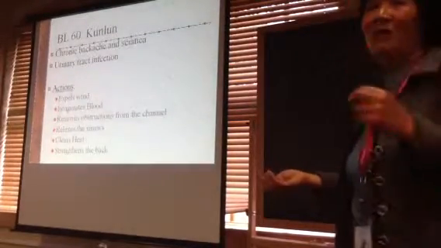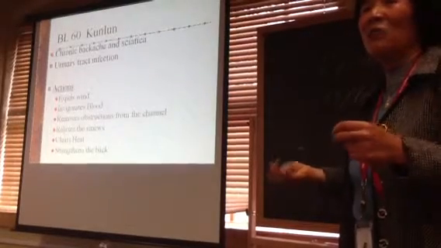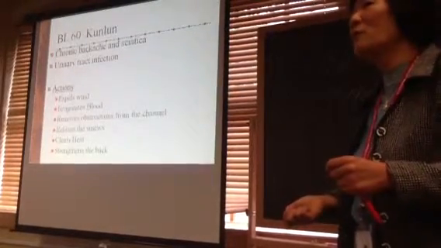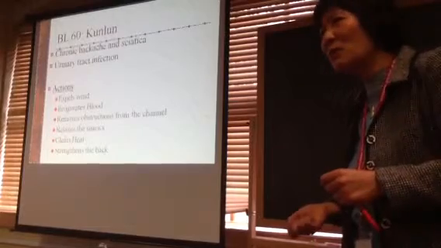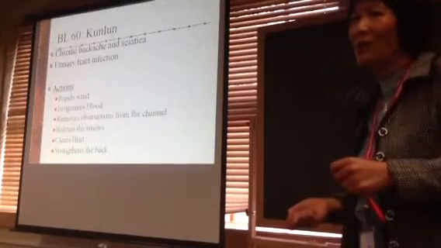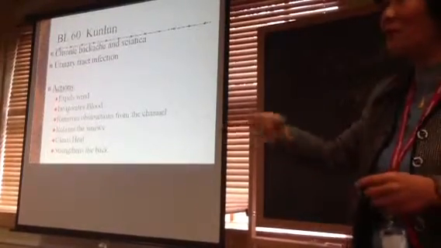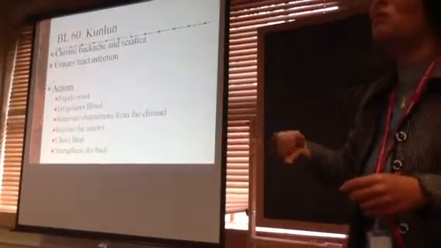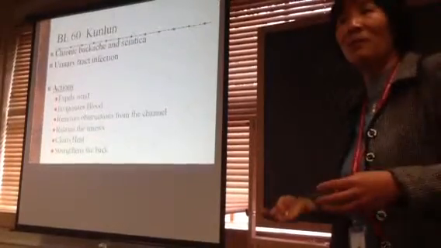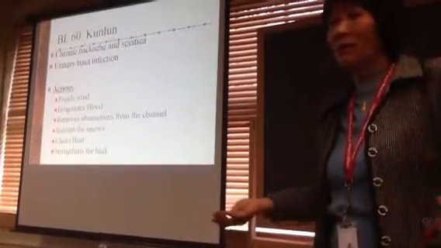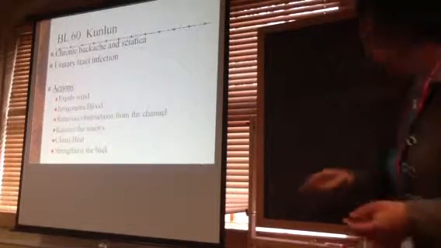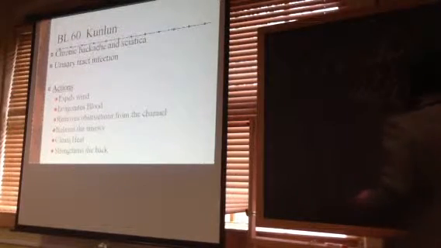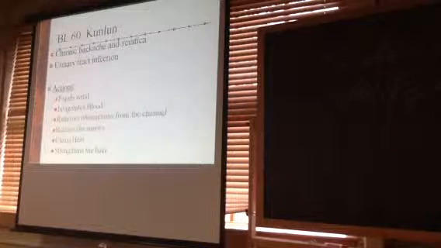What kind of conditions will we use this point for? Often for someone who catches a cold, will you use this point? No, not really. This is not the first line of points we think about. What will be the first line of points you think about when someone catches a cold? You may think about GV14, very good. What else?